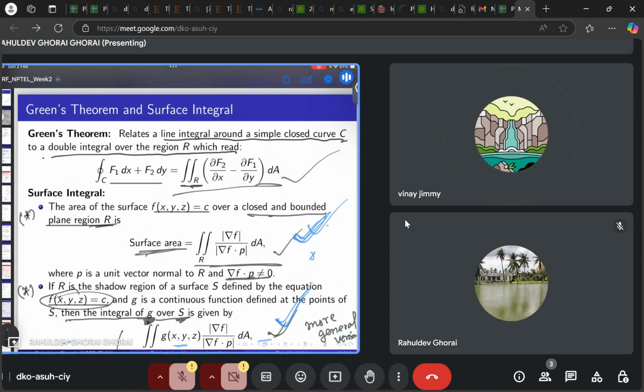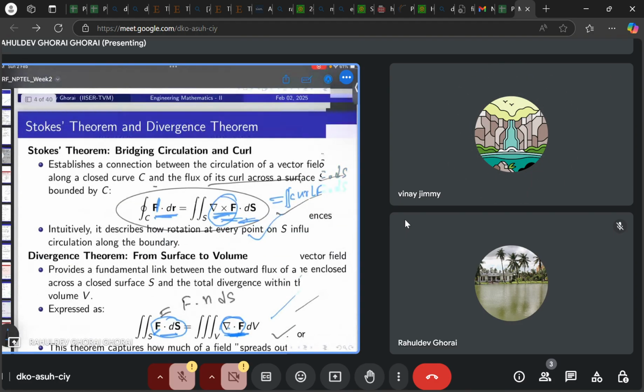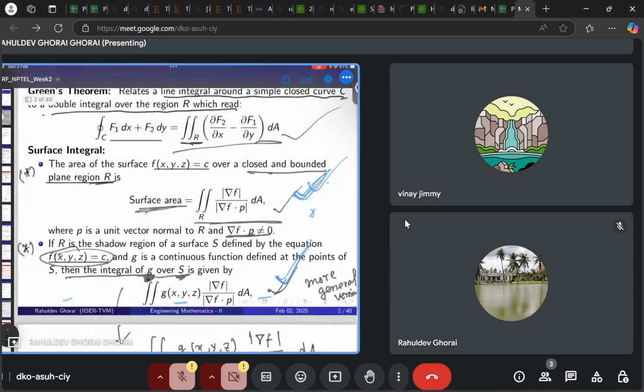Green's theorem is easy, you can remember. That's why I am giving a very brief recall of whatever important things are there. If you know all these things, you know everything. Try to read these formulas and do the questions in the assignment.